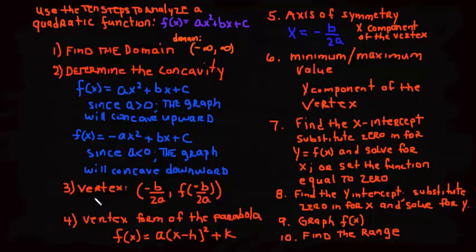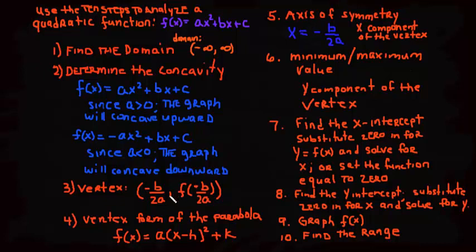So number 3, the vertex is going to equal negative b over 2 times a, whatever value that is of the x component. To get the output of the y component, you're going to plug the x component into the original function, and that's going to give you your output.